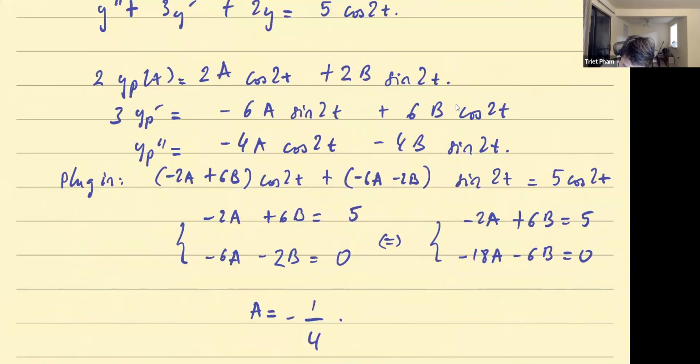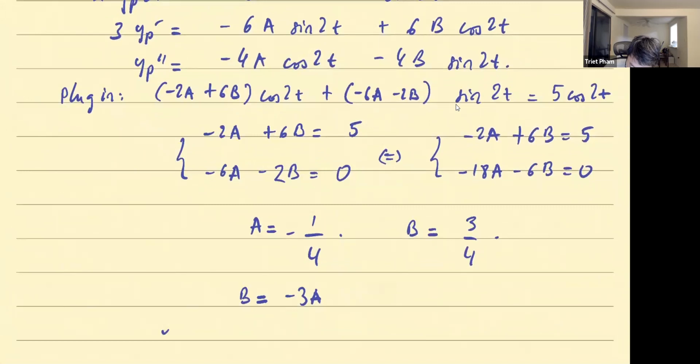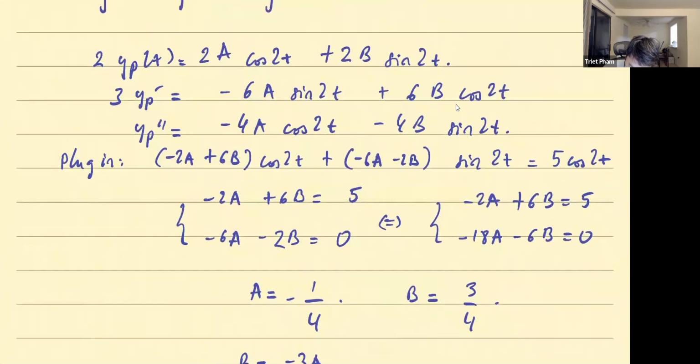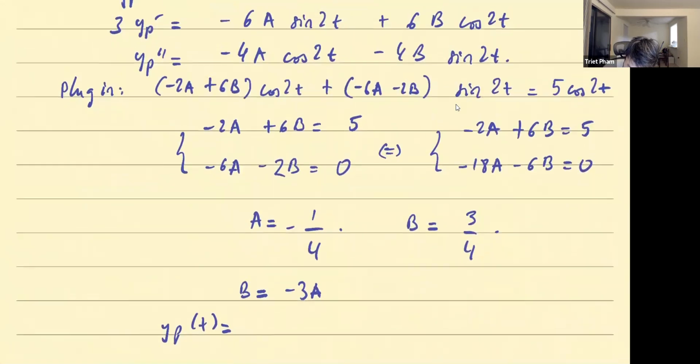And that would make b equal to what? The second one says that if you divide by 3, you got b is equal to minus 3a, so b is 3/4. So yp is, what do I have here? A cosine, so minus 1/4 cosine 2t plus 3/4 sine 2t.